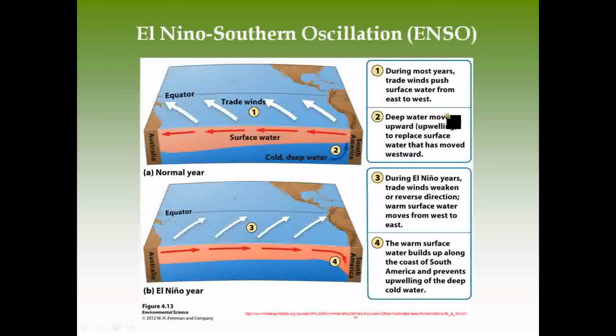It happens on the eastern Pacific coast of South America. Not right on the equator, although some people will talk about this as an equatorial phenomenon. It really isn't. It happens right here along the eastern Pacific coast of South America.